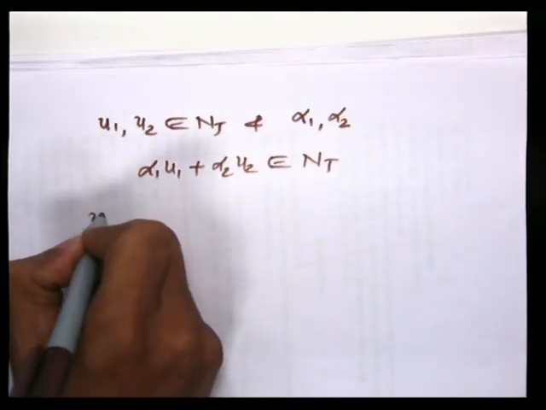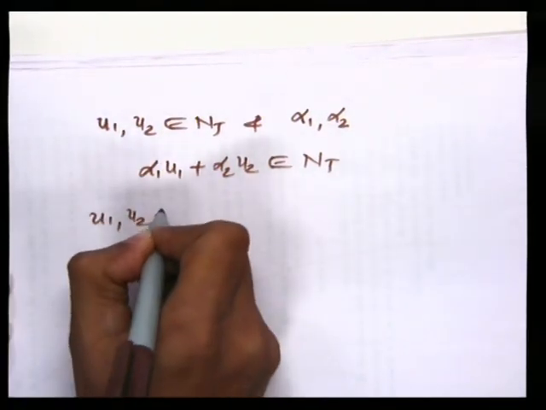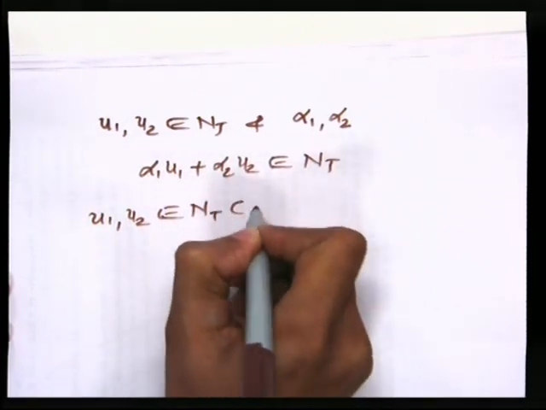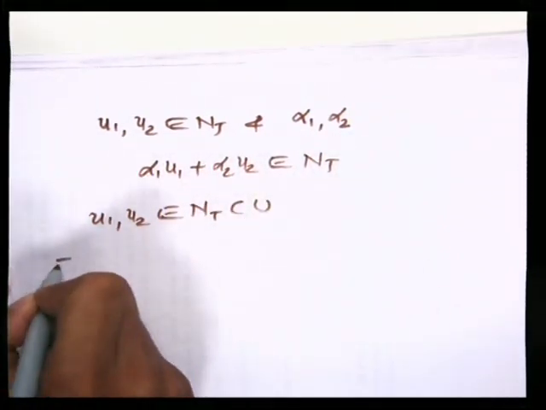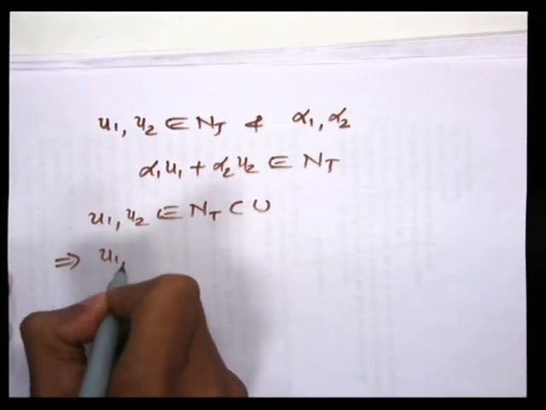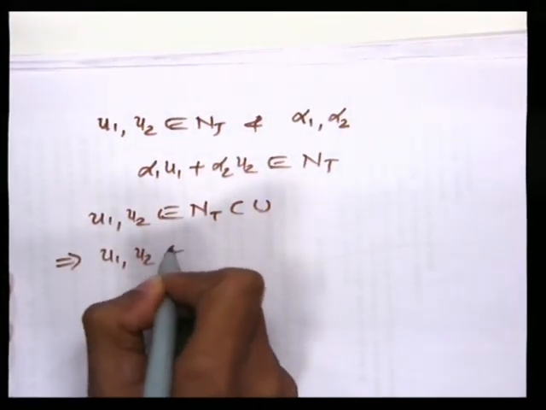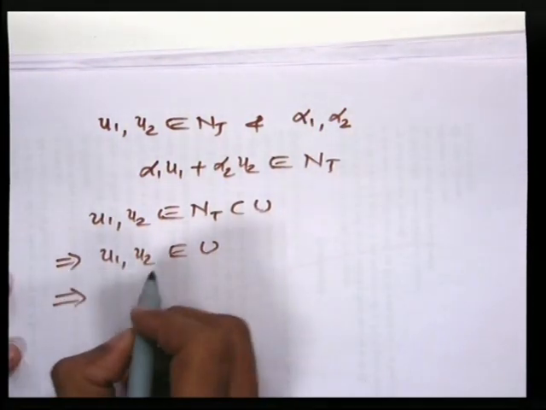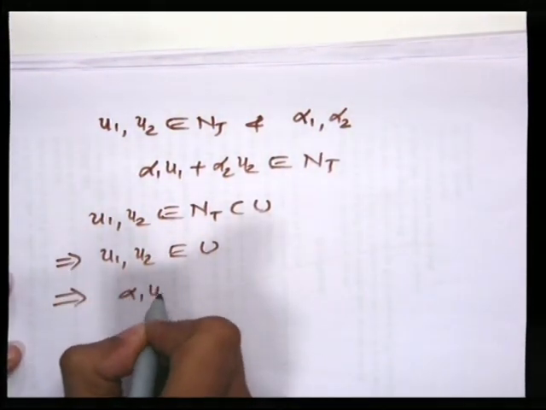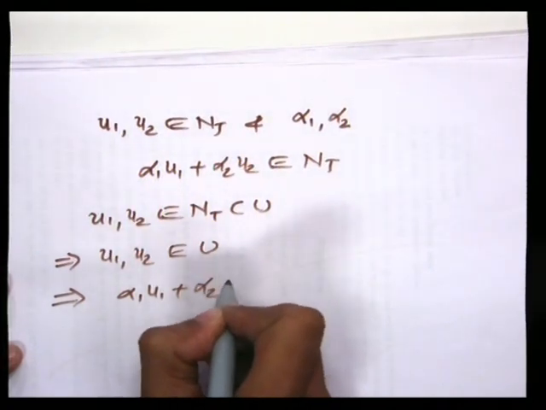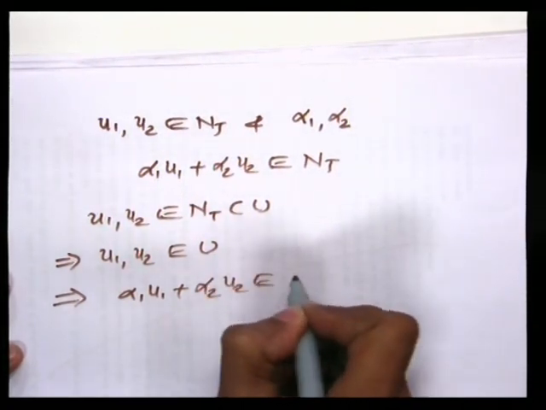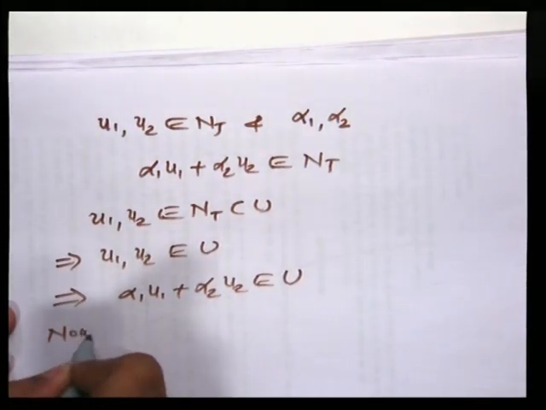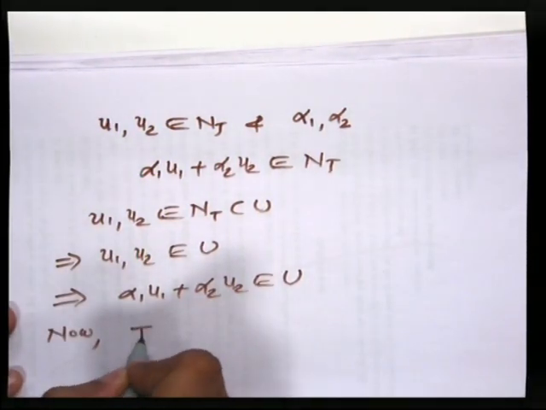Here u1, u2 belong to NT, which is a subset of U, so both belong to U. Therefore the combination alpha 1 u1 plus alpha 2 u2 belongs to U. Now we apply T on this.